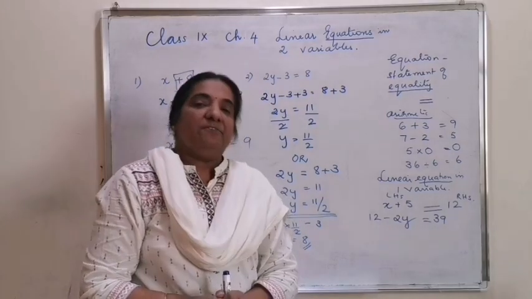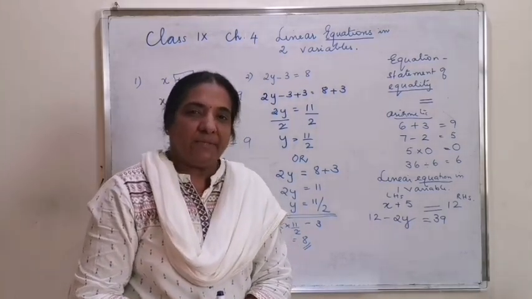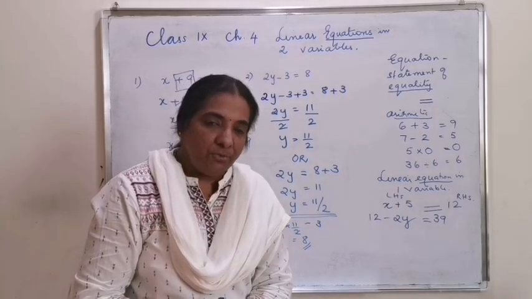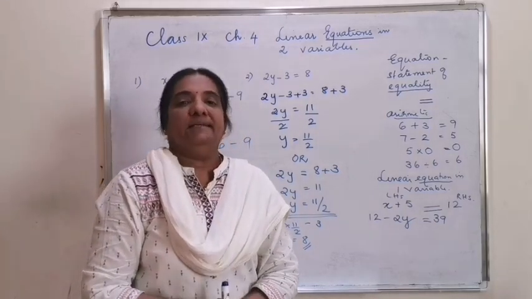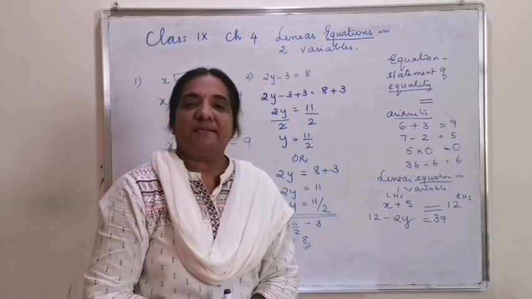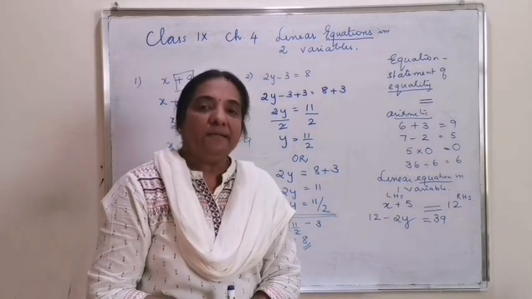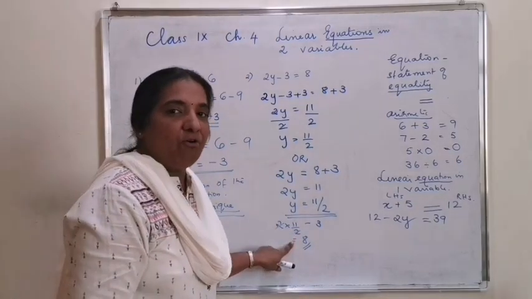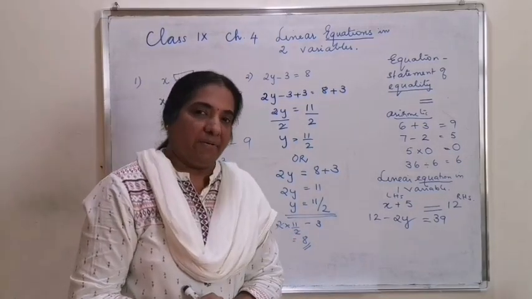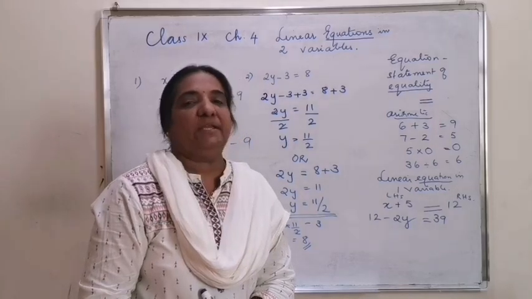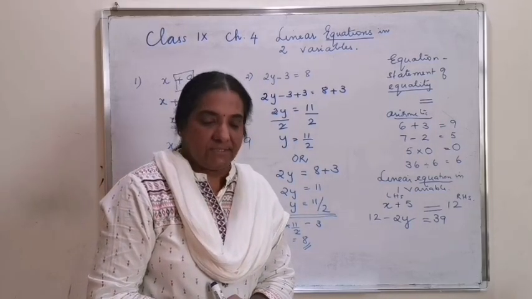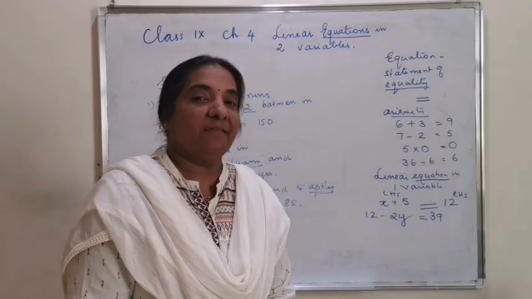This proves that for a linear equation in one variable there will be only a unique solution, and the value of that variable can be represented on a number line, since the variable will be any real number.